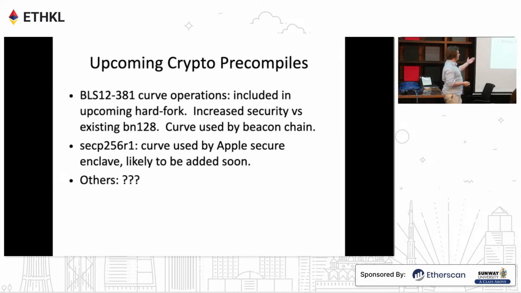And then I already mentioned SecP256R1, used by secure enclaves on smartphones, is my understanding. Others, who knows? Unlikely, I would say. People have proposed various curves over the years, and nothing has really gained traction. But maybe I'll be proven wrong.